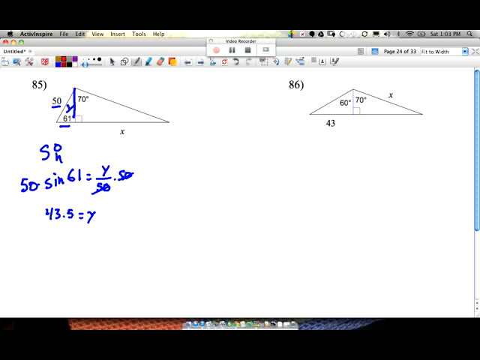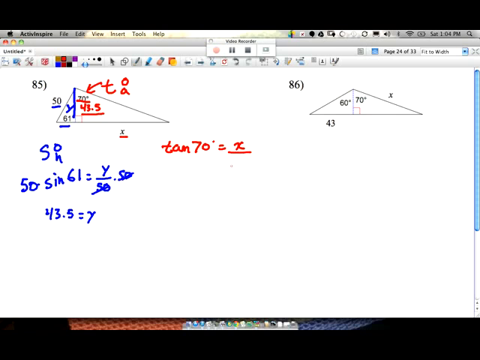Now we have the opposite, the adjacent, and 70 degrees. Or not sine, tangent, because we got opposite and adjacent, which means we use tangent. So tangent of 70 degrees equals the opposite, which is x, over the adjacent, which is 43.5.